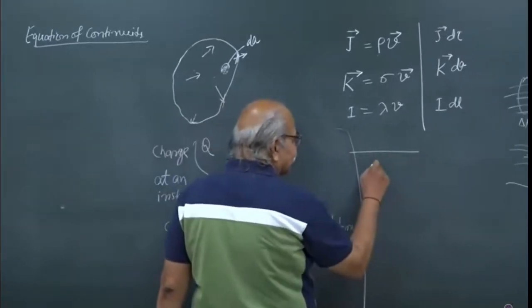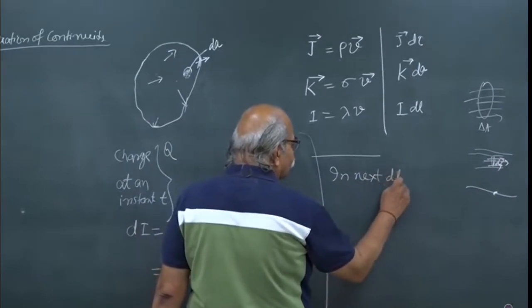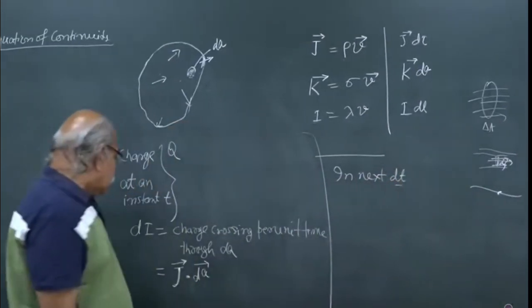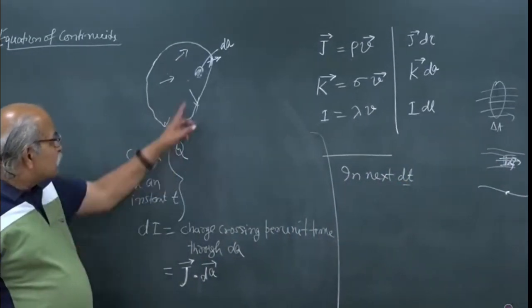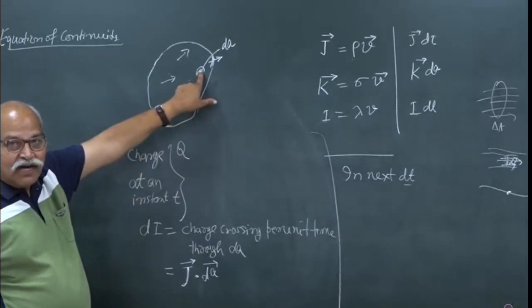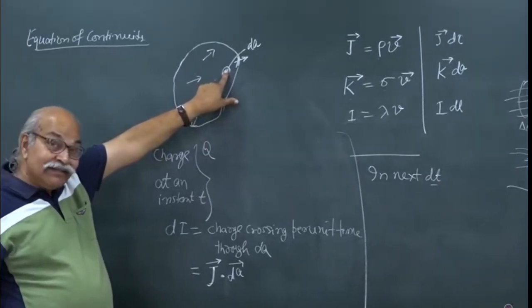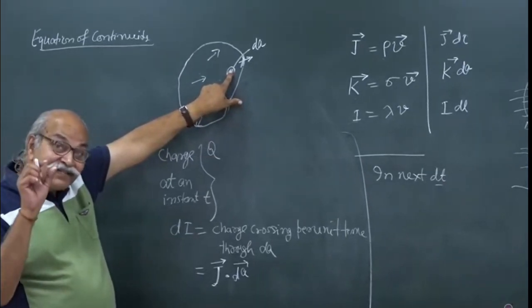Now in the next dt, how much charge has crossed this particular dA in that time interval dt?